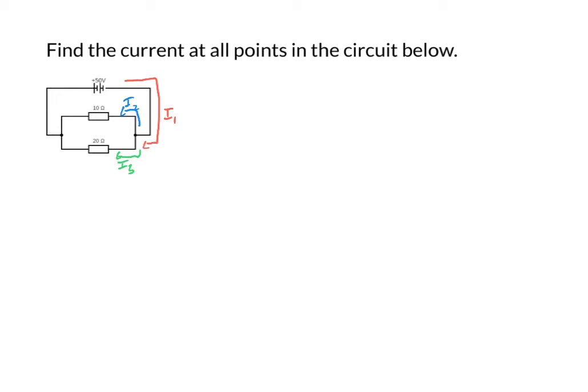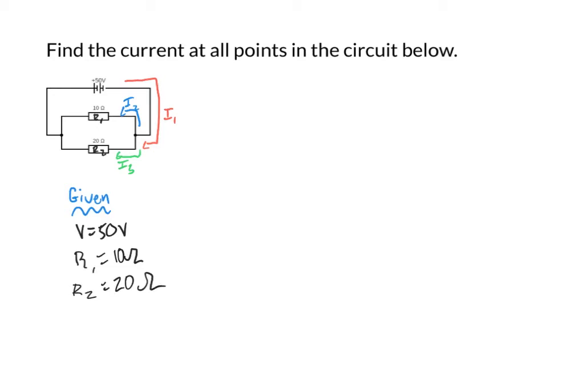So let's talk about what I know. I know that my voltage is 50 volts. I know that R1, which I'm going to say is the top resistor, is 10 ohms. And I know that R2, my bottom resistor, is 20 ohms.